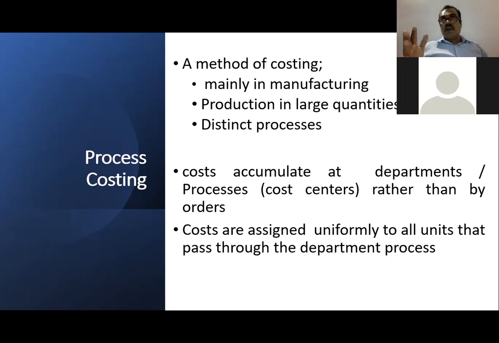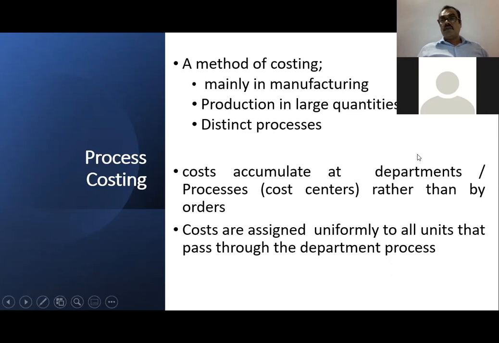In a process, you have input on one hand. Without these things, the process would not take place. At the end of the process, after the process completes its job, outputs are automatically there. So that basic relationship can be used here. Therefore, where do costs accumulate? In processes. And costs are assigned uniformly to all units that pass through the processes.